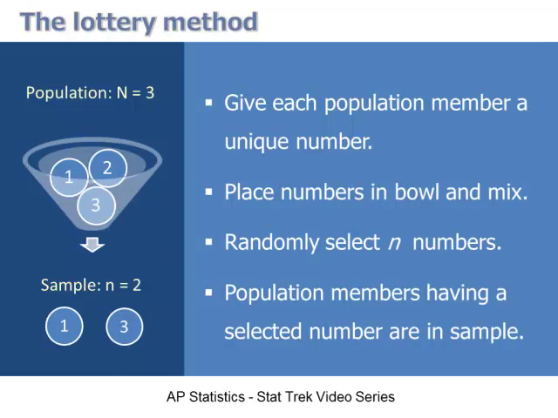And a third of the time, it will include observations 2 and 3. That is, every sample of size 2 has an equal likelihood of occurring. And that is the main requirement for simple random sampling. All samples of a particular size are equally likely to occur.